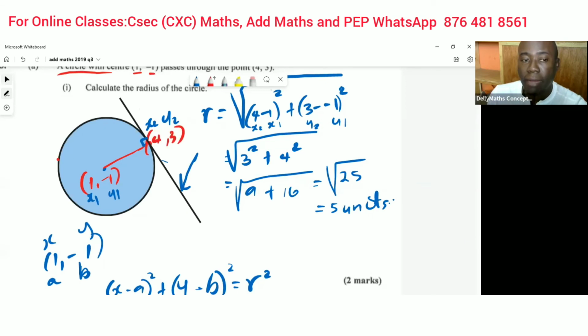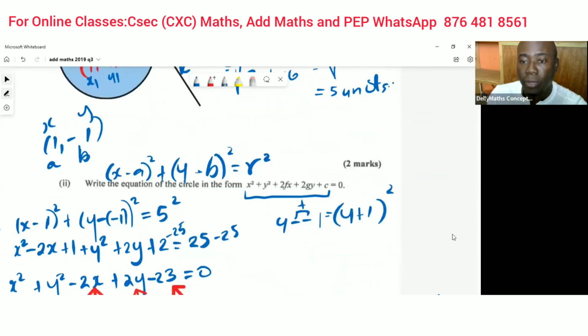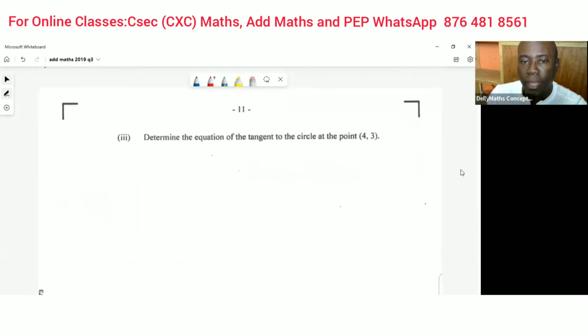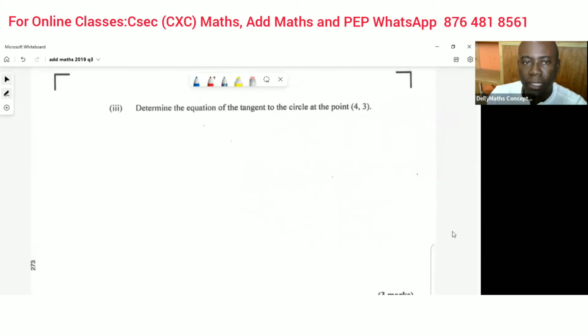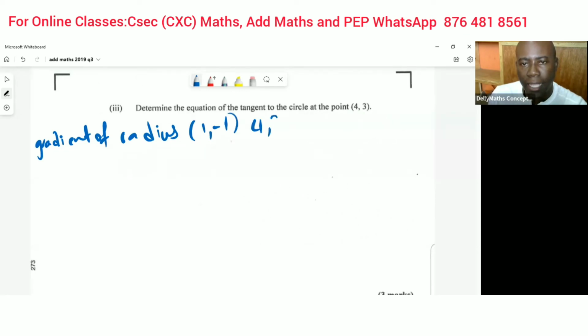So finding the gradient of the radius, with points (1, negative 1) and (4, 3). Let's go for the gradient of the radius first. So I need to find the gradient of the radius. The points that we have for the radius are these.